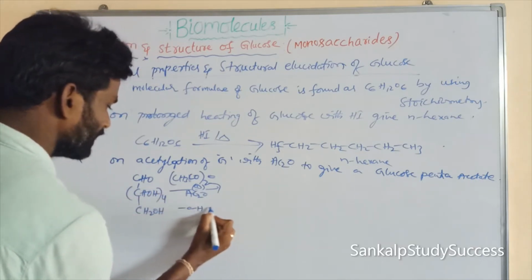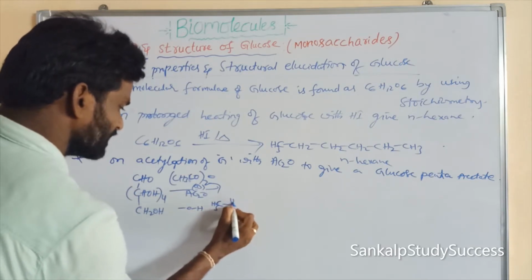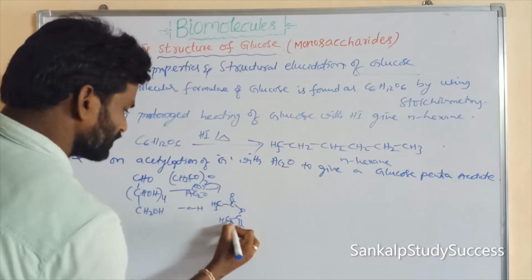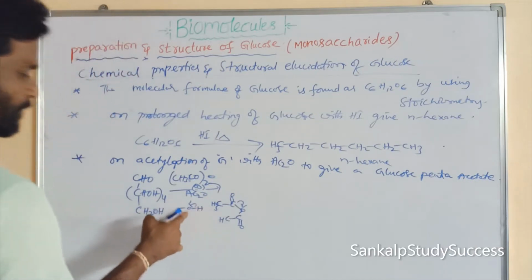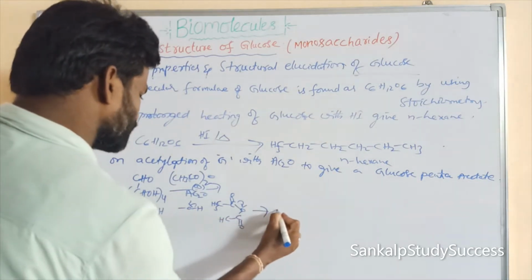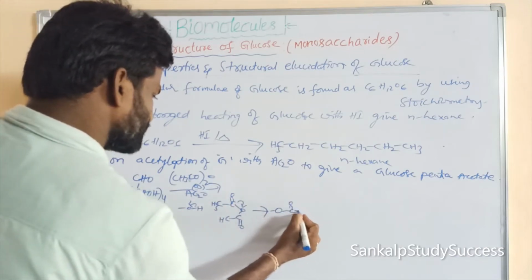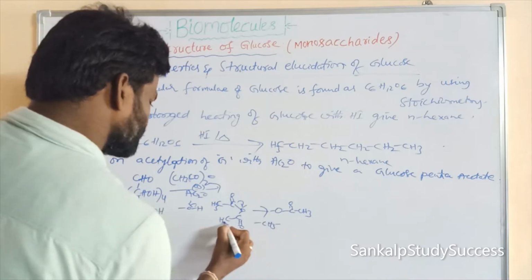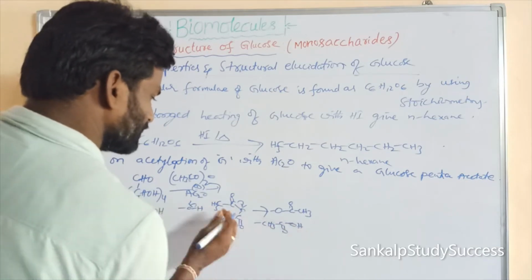This OH bond is removed by this acetyl group, CH3, C double bond O, C double bond O, CH3. So this bond is shifted towards this direction, and this bond is also shifted towards the electronegative atom like oxygen. So this gives O plus CO, CH3. So the remaining goes to CH3, CO, O and this H can be removed.